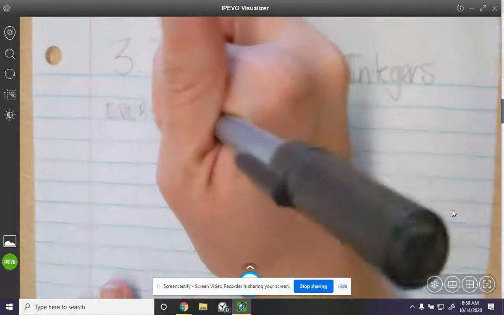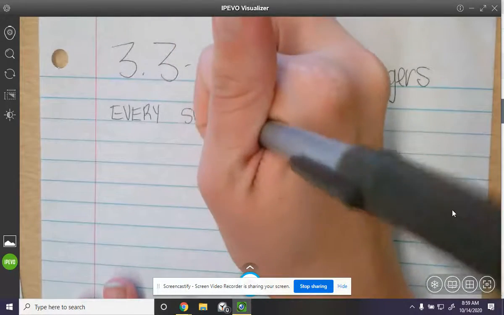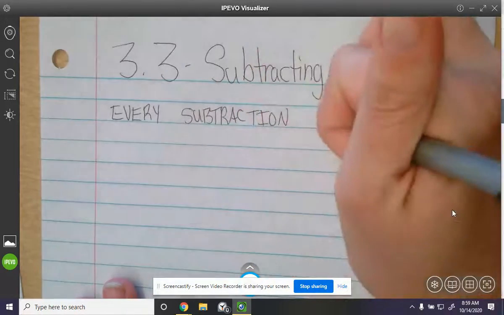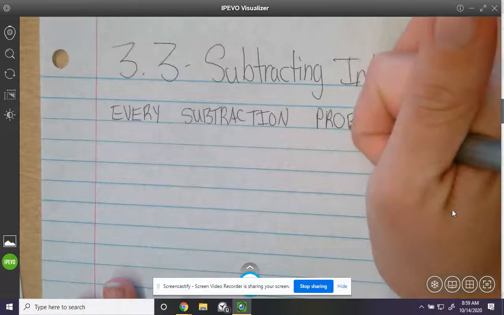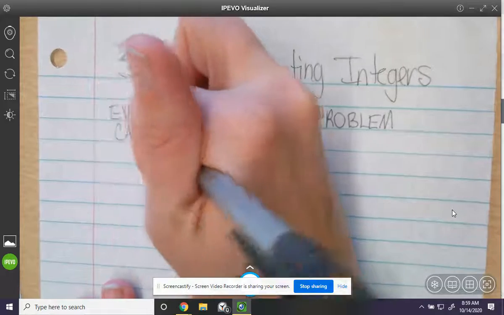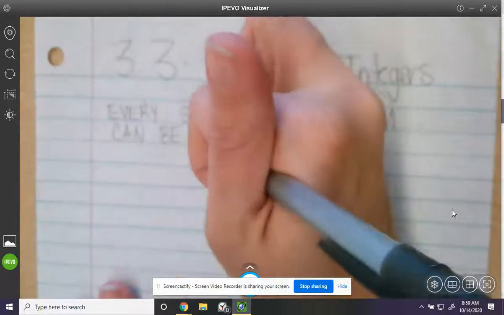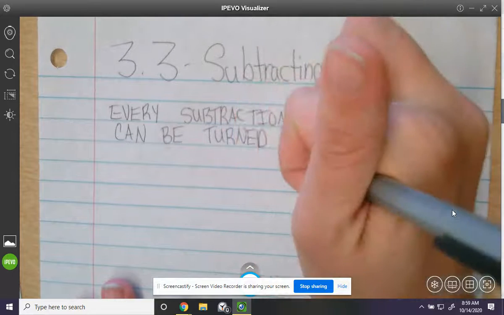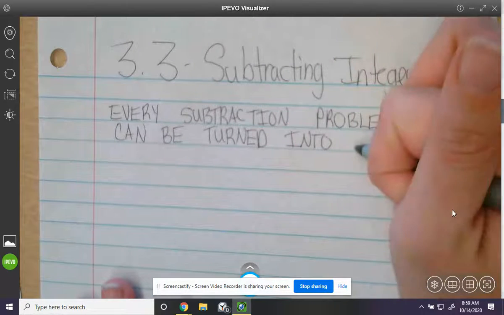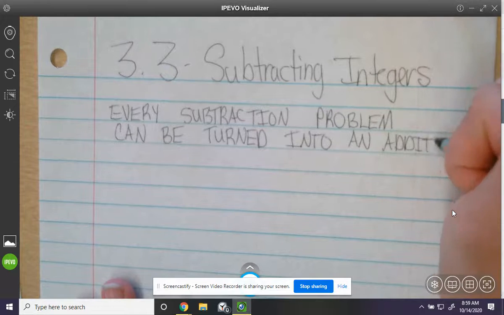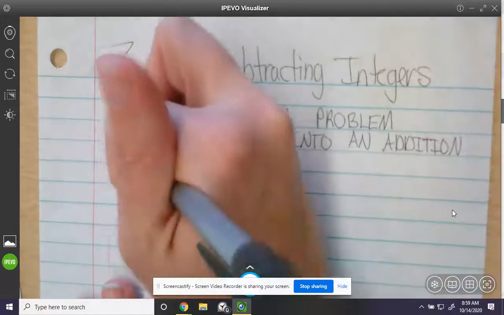Every subtraction problem can be turned into an addition problem.